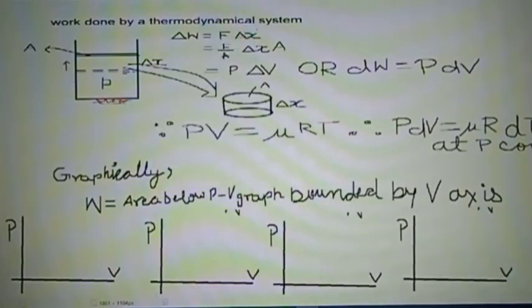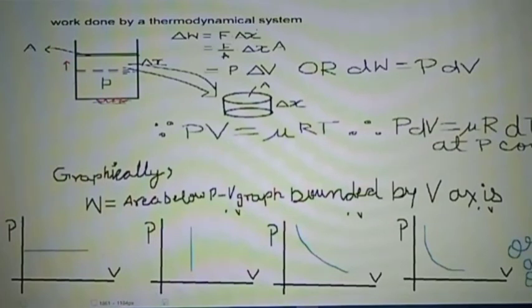So you can see the first one is for an isobaric process. The second one is for an isochoric process. The third one is for an isothermal process, and the fourth one for an adiabatic process.